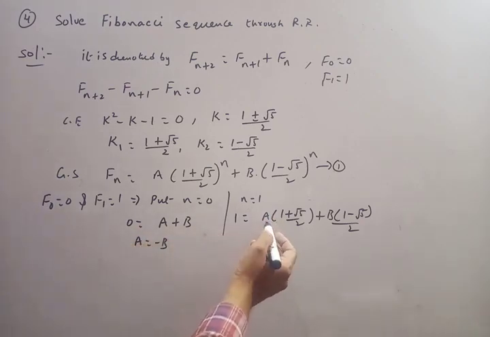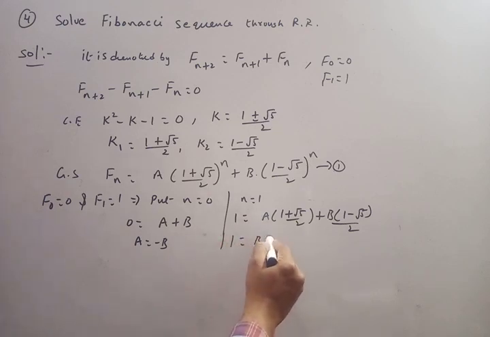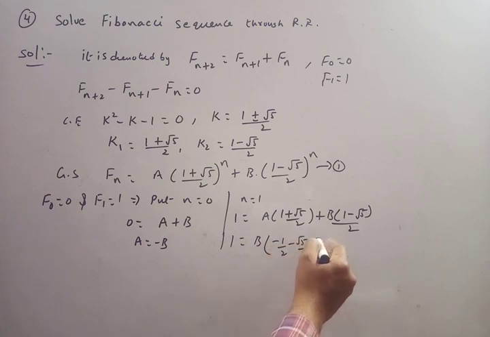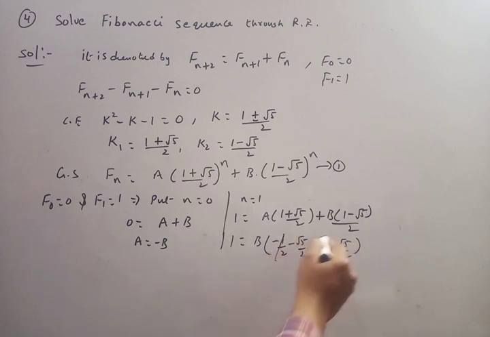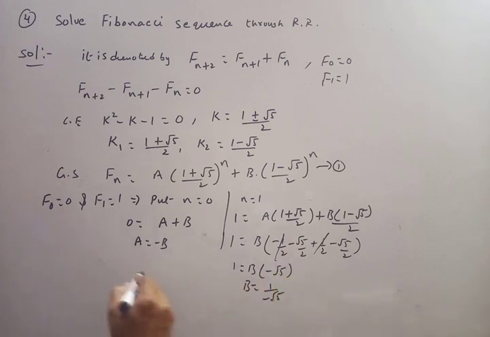If I substitute minus b here, 1 is equal to b common: minus 1 by 2 minus root 5 by 2 plus 1 by 2 minus root 5 by 2. Minus 1 by 2 and 1 by 2 cancel. 1 is equal to b into minus root 5. So b is equal to 1 by minus root 5, and a is equal to 1 by root 5.